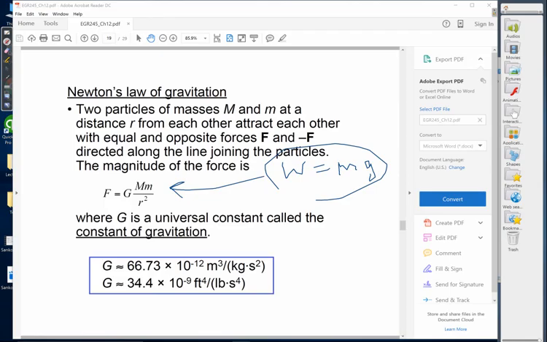On the surface of the Earth, what is the force referring to? Well, the force is the weight of the object. When you have an object that sits on the surface of the Earth, your 2 objects are that object and the Earth. So if we make big M the mass of the Earth, small m the mass of your object, then the force is nothing more than the weight of the object.